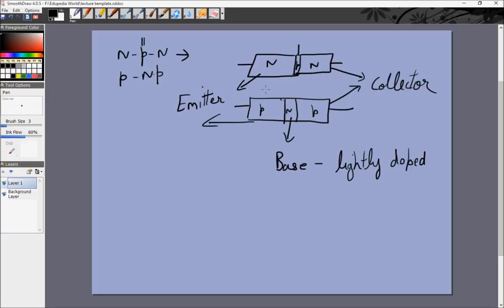How they are denoted in a circuit is like this. The NPN one would look like this. This would be the collector, this would be the emitter.